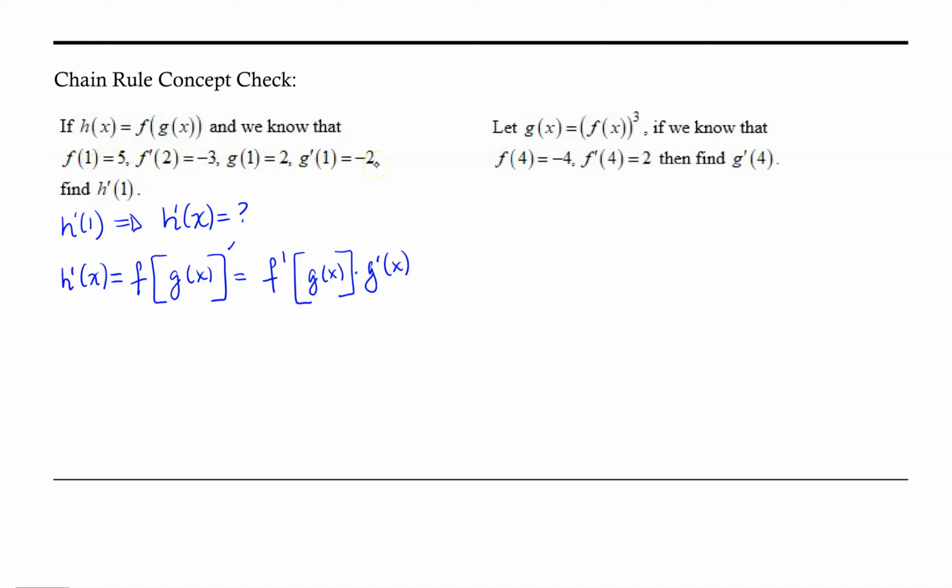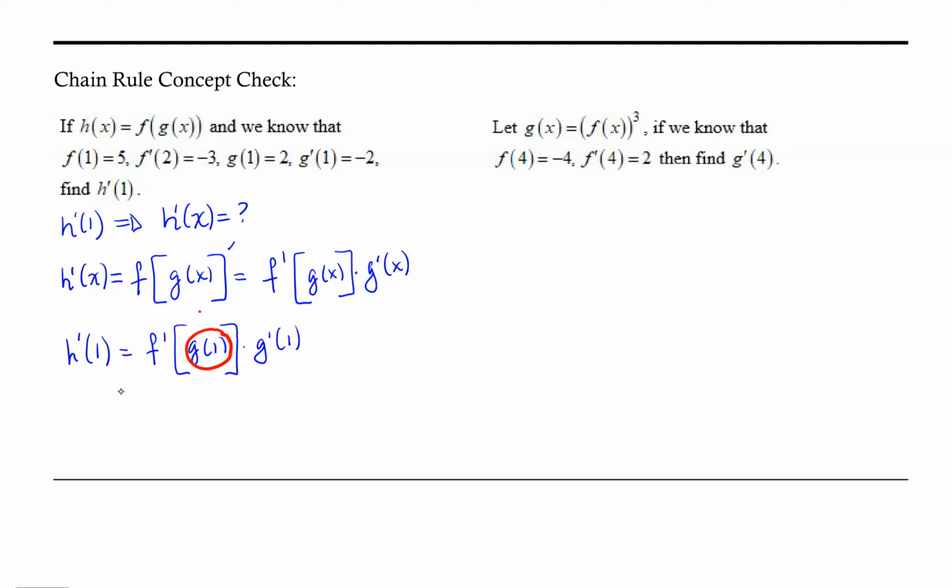That's basically the statement of the chain rule, but now we're going to apply the information we were given about the functions f and g. So h prime at 1 is going to be f prime at g of 1 times g prime at 1. And so what do we know about g of 1?